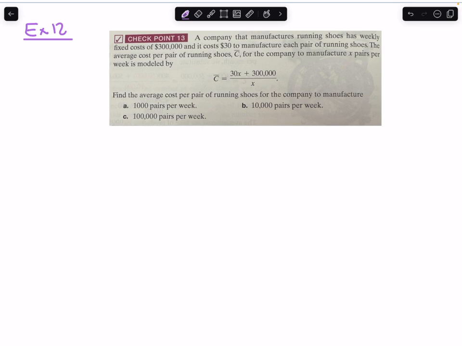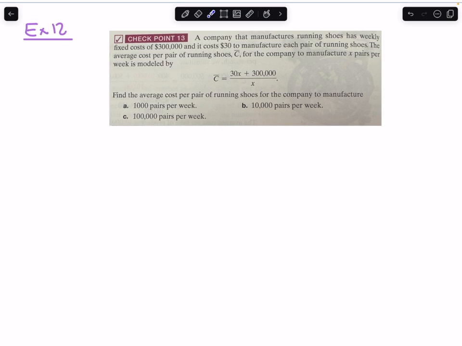The average cost per pair of running shoes, which is C bar, for the company to manufacture X pairs per week is modeled by the formula C bar is equal to 30 times X, which is the number of shoes, plus 300,000 divided by the number of shoes.